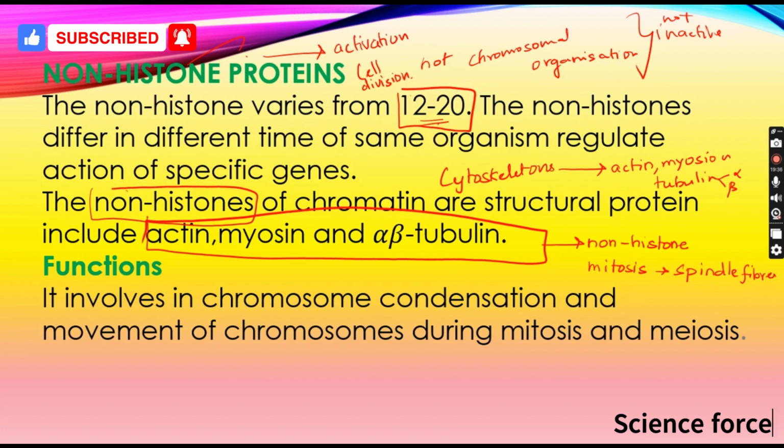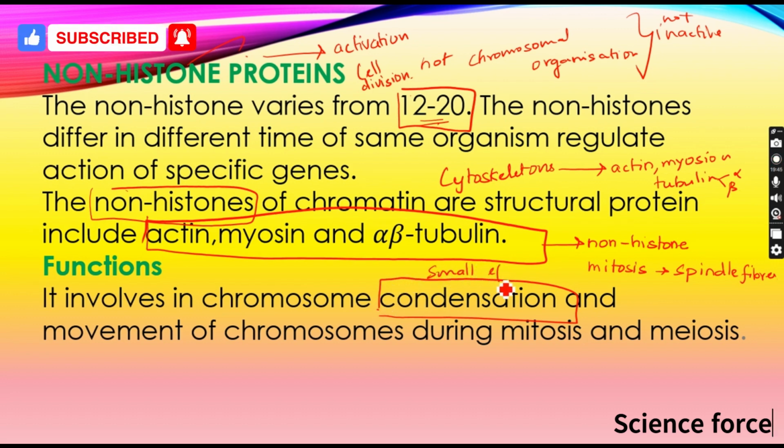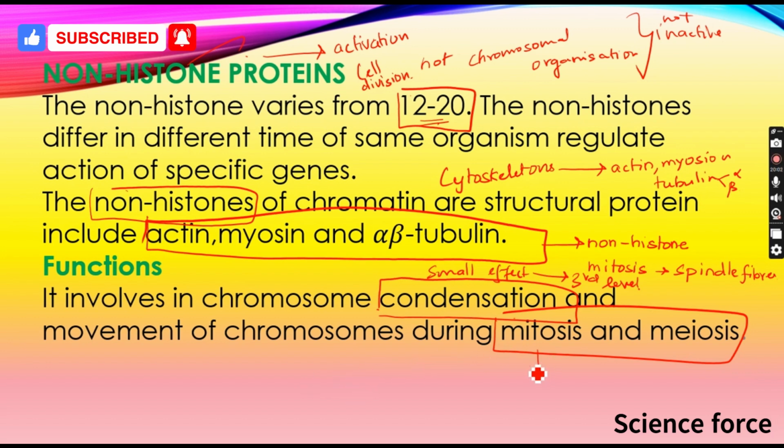So here we can say that they are involved in chromosomal condensation also, but it has a small effect, because they are only involved in chromosomal condensation during the third level of organization. Its main effect is during mitosis and meiosis function. During mitosis and meiosis, there is a need for spindle fibers for the locating of DNA inside the cell.